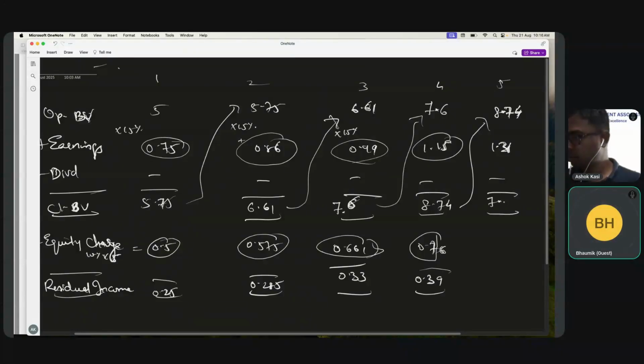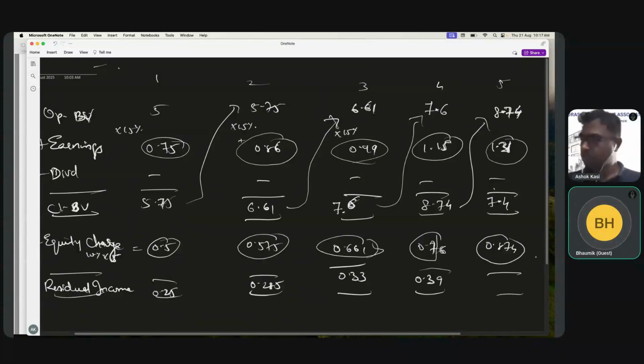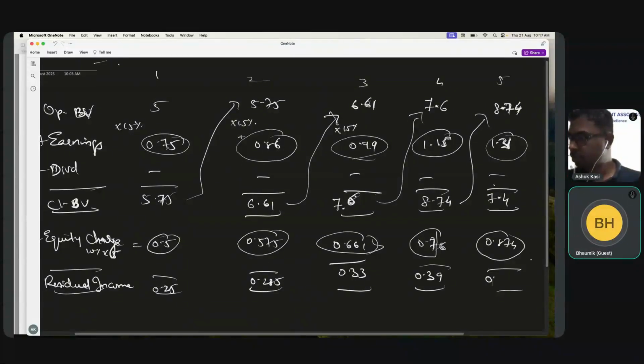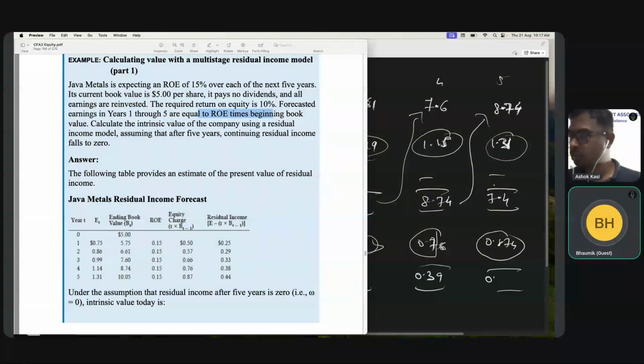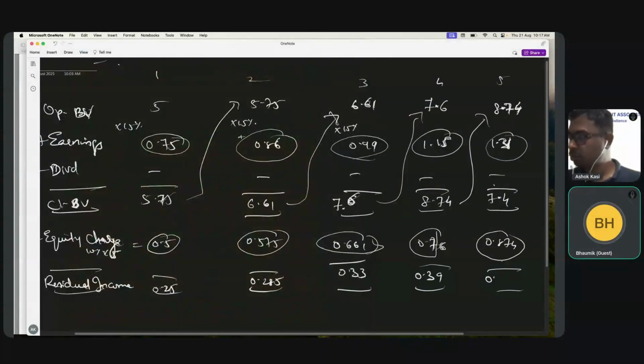The opening book value is 8.74, so the closing is 10.05 and equity charge is 10% of 8.74, which is 0.874. This is the fifth year, right? Calculate. We have missed something.